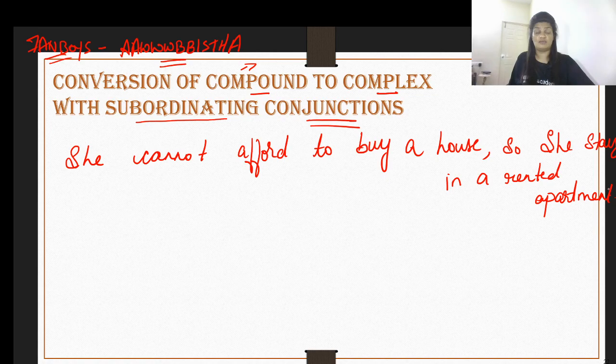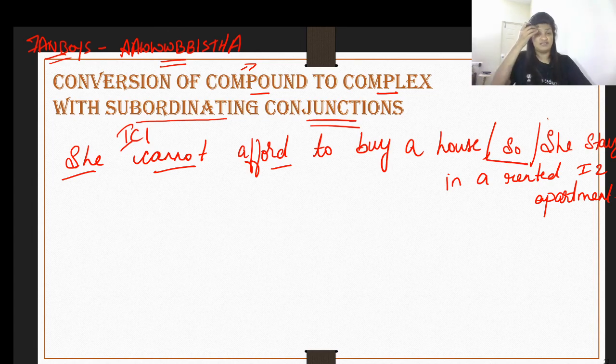So what are our clauses over here and what is the conjunction that we have used over here? She cannot afford to buy a house, so she stays in a rented apartment. Independent clause number 1, independent clause number 2, and our coordinating conjunction.